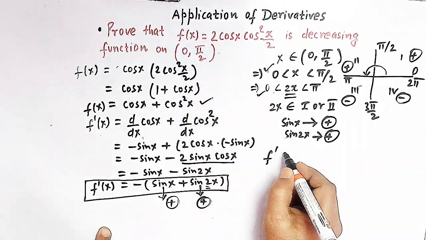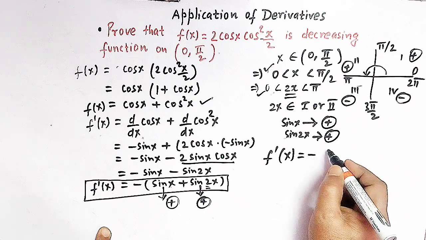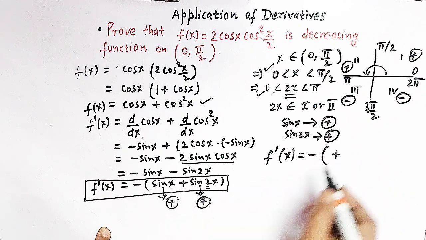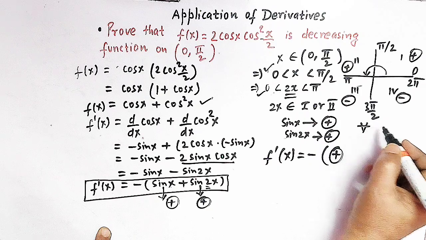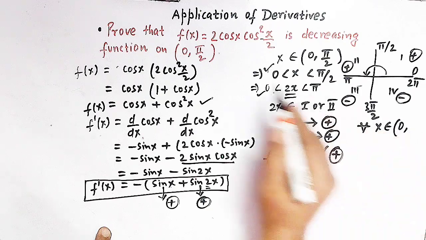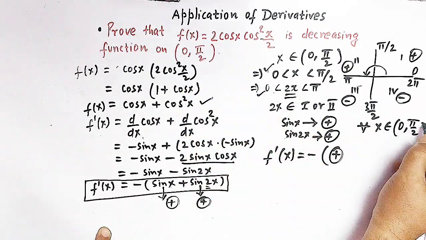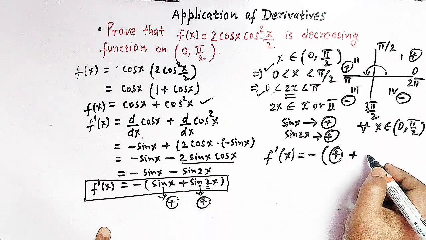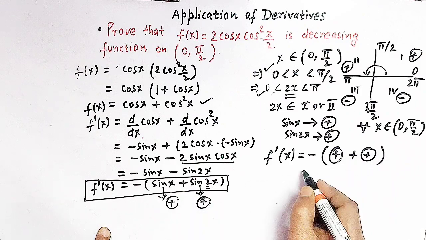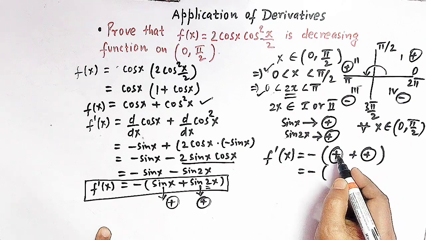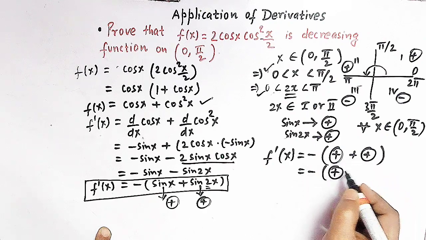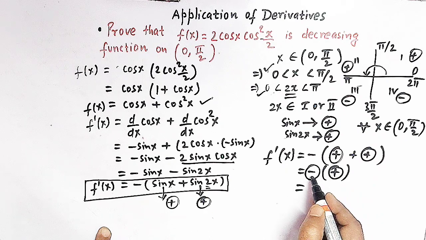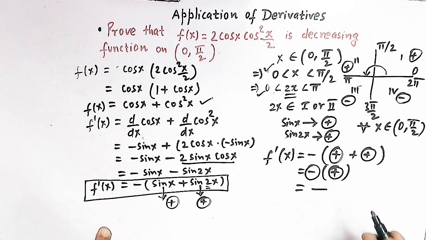So now we can write f prime of x is equal to minus, and here we have a positive number for all x belonging to the interval 0 to pi by 2, and here sine 2x is again a positive number. So we have minus, and the sum of two positive numbers is positive, and when we multiply negative and positive, then we get a negative sign, and this suggests that f prime of x is less than 0.